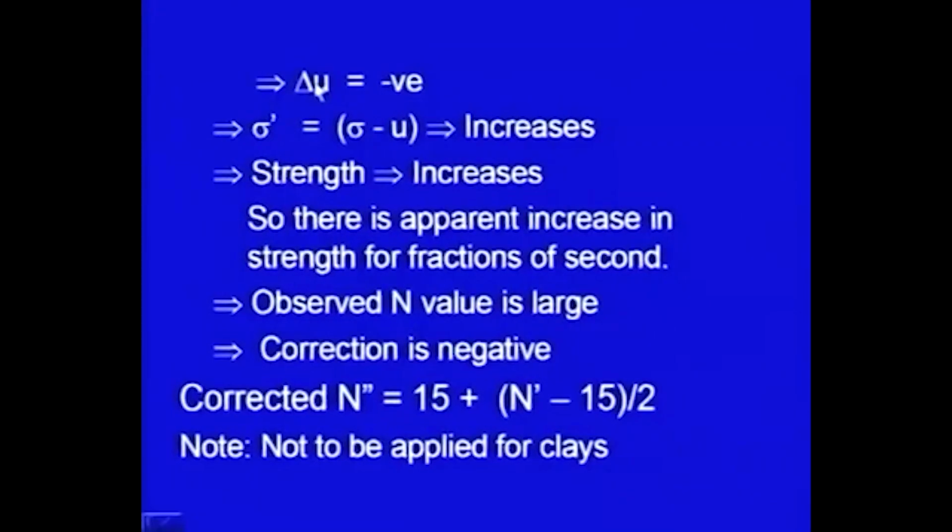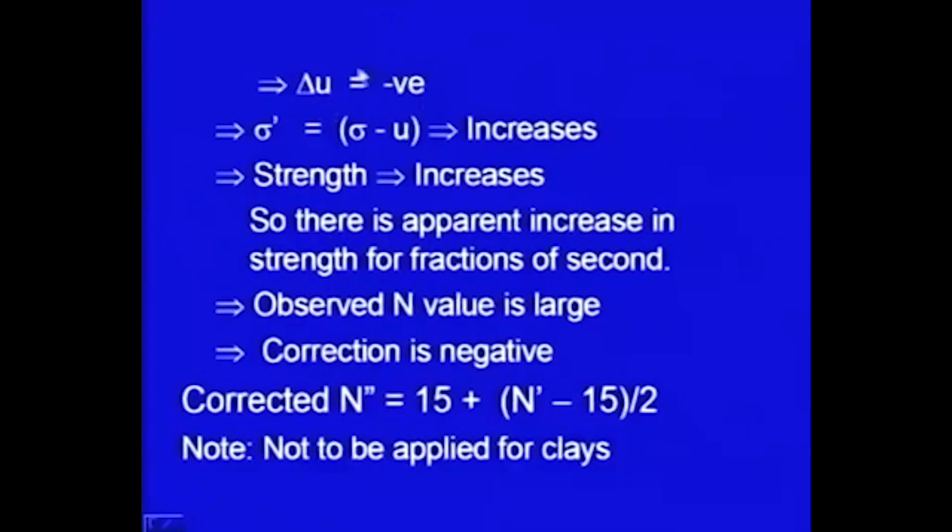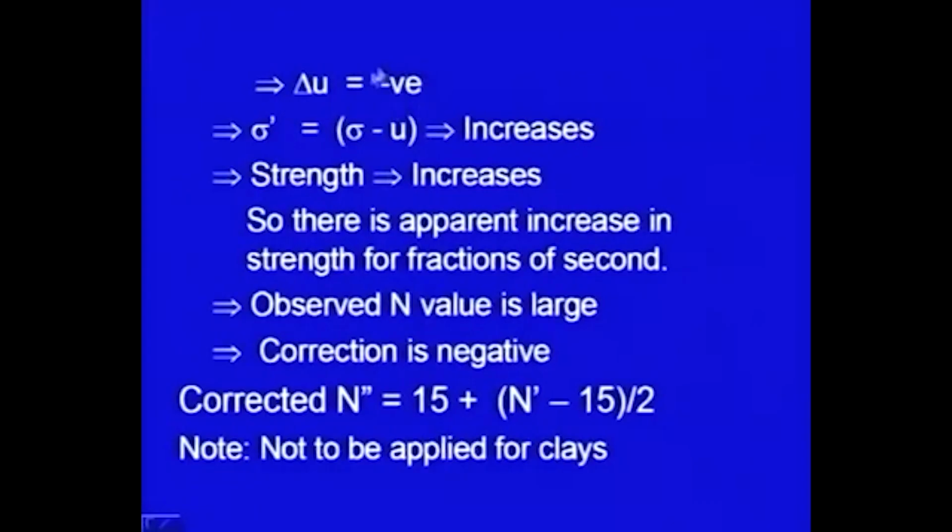So, there is a negative head, and effective stress, as you know, is given as total stress minus pore water pressure. The incremental effective stress, delta sigma dash, will be delta sigma minus delta u, and this delta u will be negative.